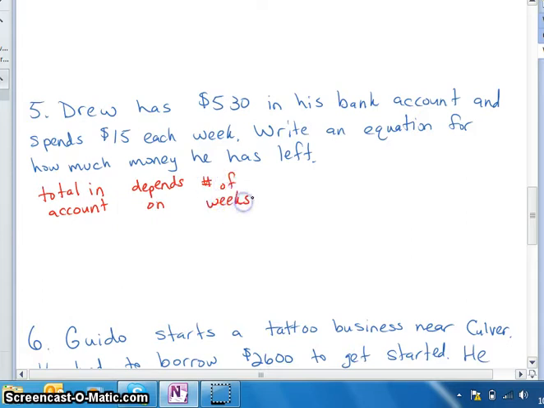Right? So Y is the total in his account, depends on the number of weeks. So his total is going to be how much he started with, and he spends $15 each week, so he's losing $15 for every week.